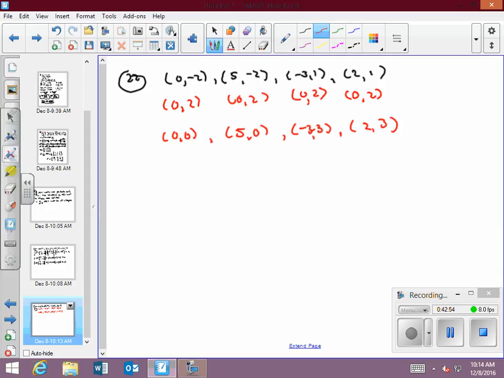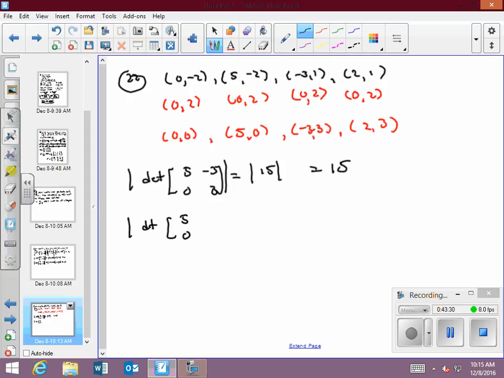Now we can take the absolute value of the determinant of any two of those. 5, 0, minus 3, and 3 is equal to the absolute value of 15, which is 15. Take the absolute value of the determinant of 5, 0, and 2, 3.